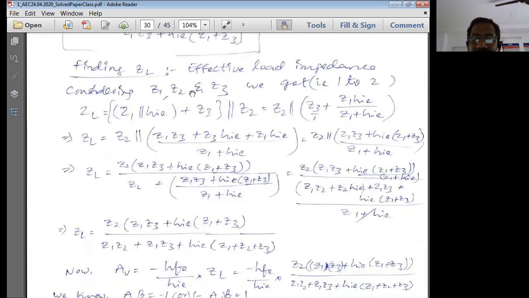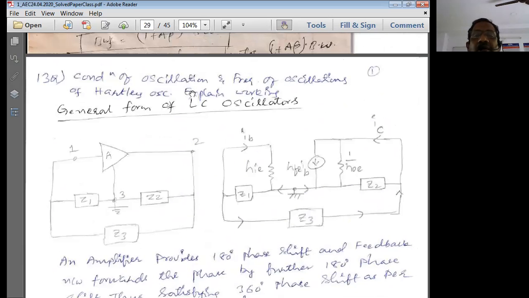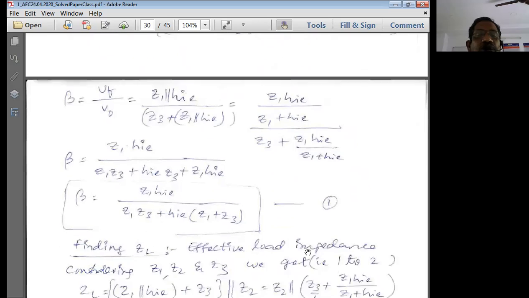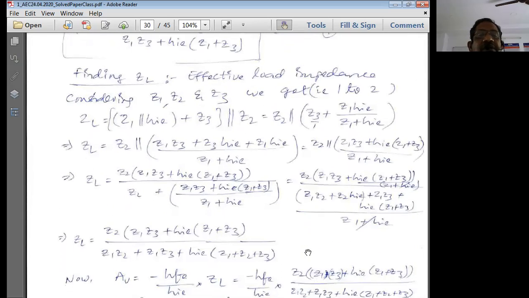That means this entire thing, Z1 in parallel to HIE plus Z3, will come in parallel to Z2. So that has to be there at the output side of the terminals. So we simply use all of that for ZL, which is going to be the equivalent effective load resistance.